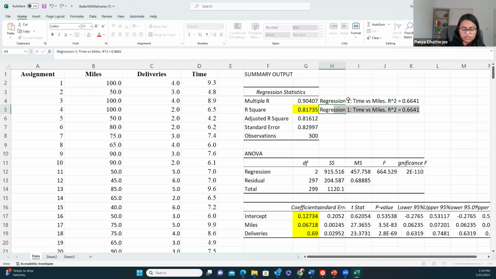Now today we did another regression on similar kind of data. What I did is that yes, there are more data sets, but the basic difference is that I added one more variable, right? So now the data is time versus miles and deliveries.